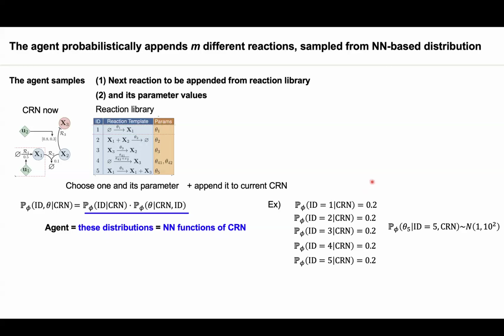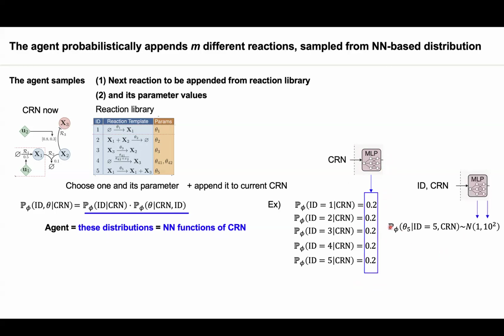To do this, we are adopting a neural network, a simple MLP. What this MLP does is its input is the CRN, and its output is these probability values.